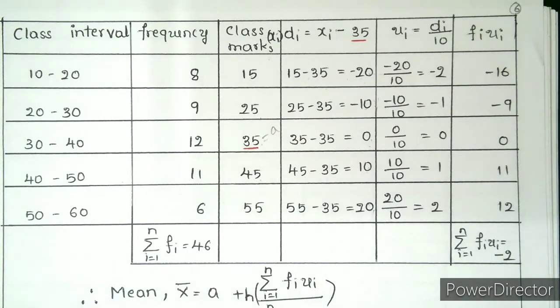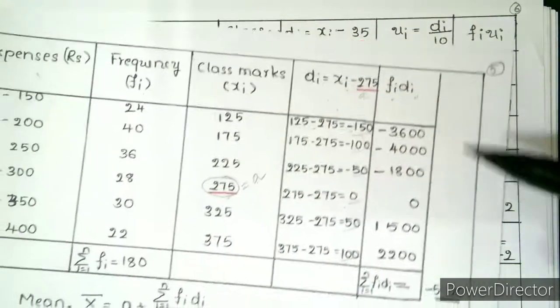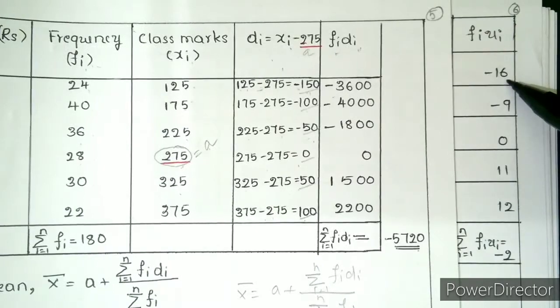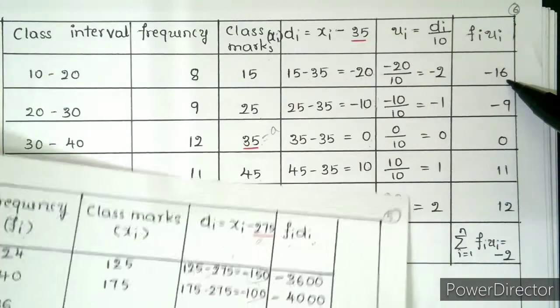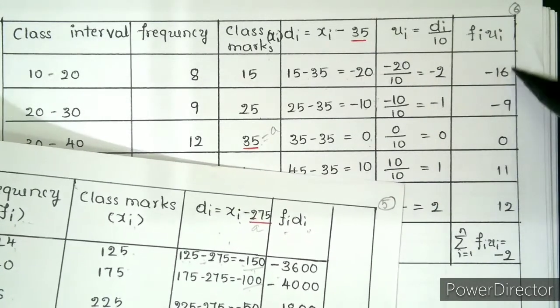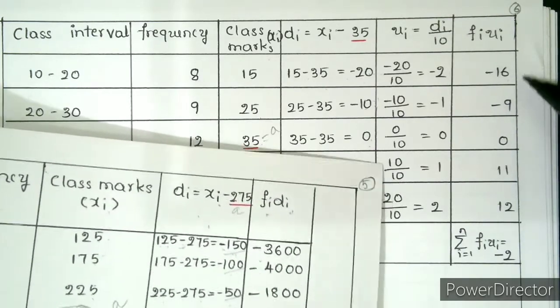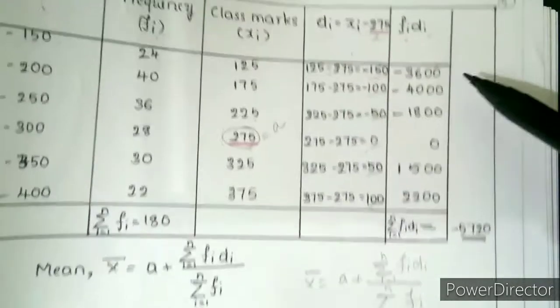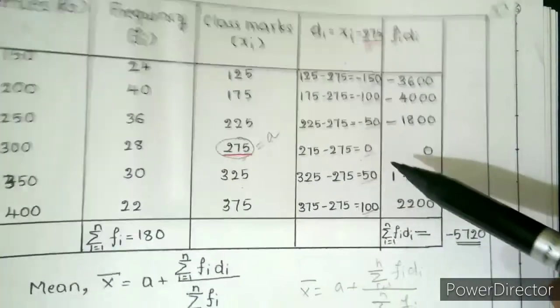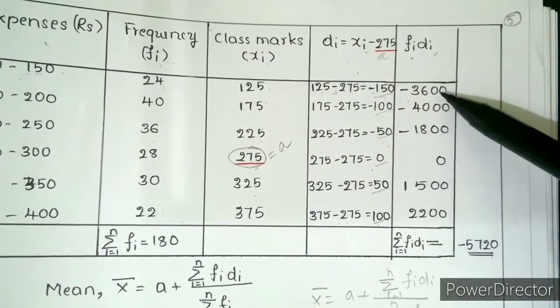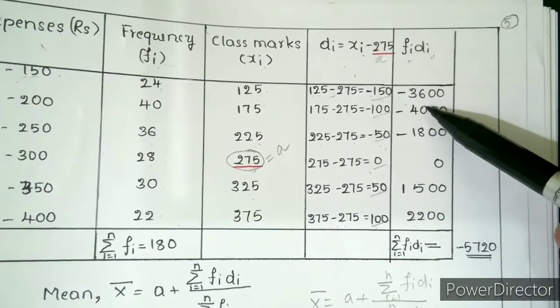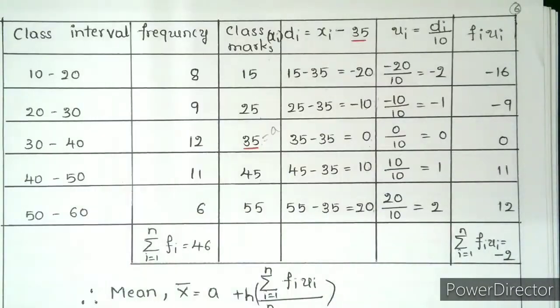In the direct method, you see that the last column is too big. In the assumed mean method it is also somewhat big. But in the step deviation method the values are too small and easy to add up: minus 16, minus 9, 0, 11, 12.